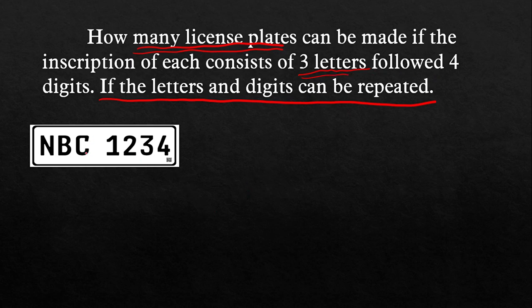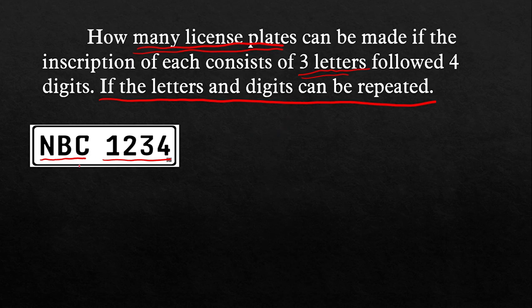For example, we have a license plate number here, the 3 letters and the 4-digit numbers. So how can we compute the number of license plates that can be made?